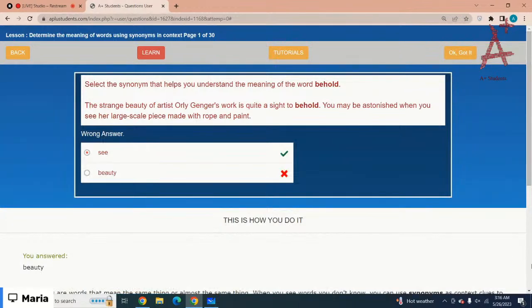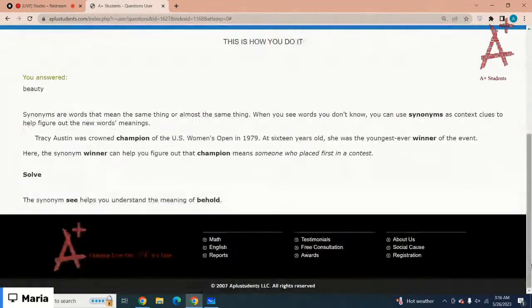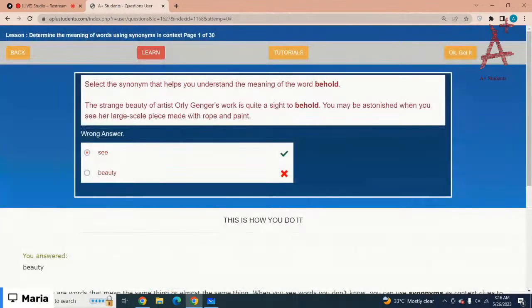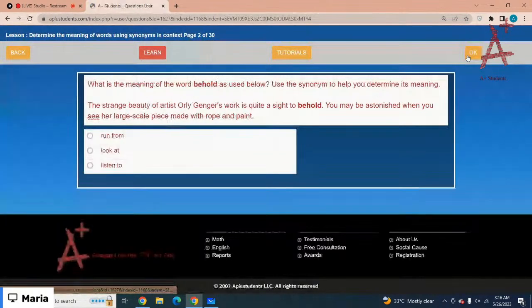Okay, let me see. Okay, the synonym helps you understand the meaning of behold. What is the meaning of the word behold as used below?